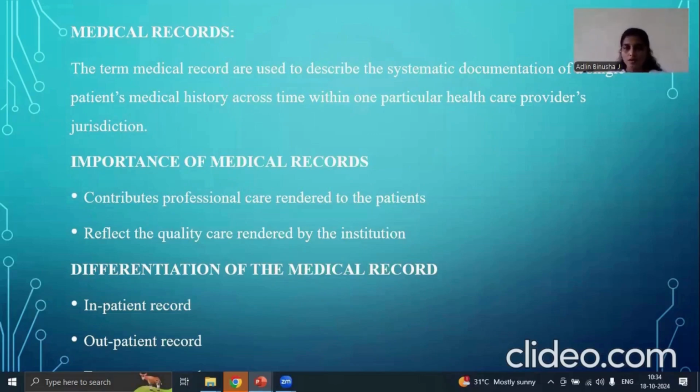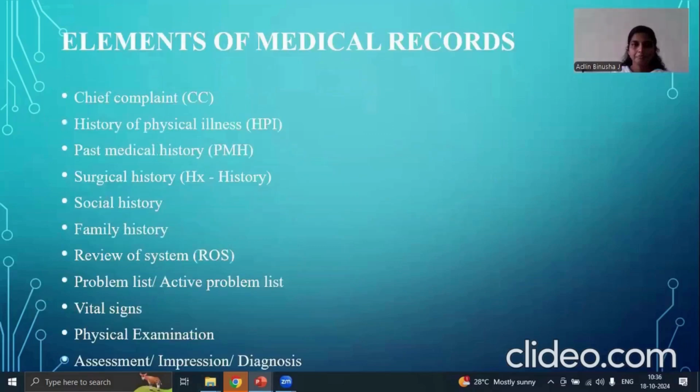He dictates all that, and the medical transcriptionist transcribes it into a medical record. I'll explain this. The two importances of medical records: they contribute to professional care rendered to the patient, and reflect the quality of care rendered by the institution. In medical records, there are 3 types: inpatient record, outpatient record, and emergency.